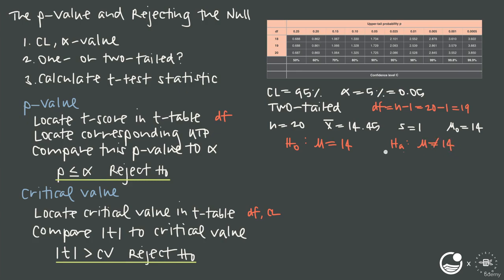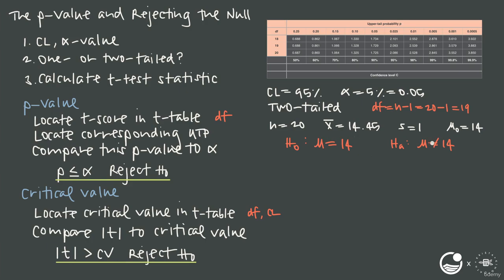In the last few lectures, we've been using this hypothesized value where we say that we're running the shipping department in a warehouse and we're investigating whether mean order processing time is 14 hours. Let's say that the assumption is that mean order processing time is 14 hours. We're going to run a two-tailed test to investigate our alternative hypothesis here that mean order processing time is not 14 hours. So we have these hypothesis statements.